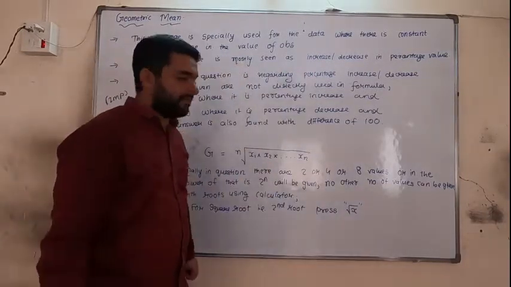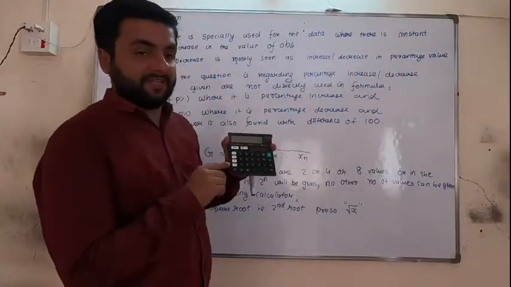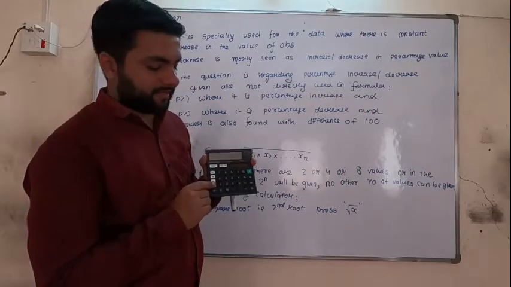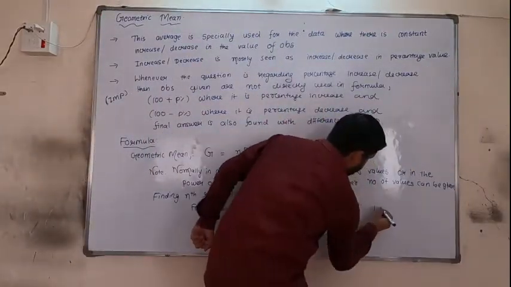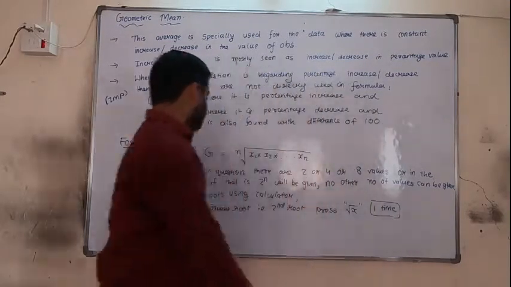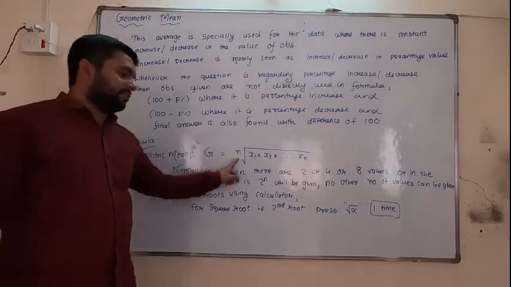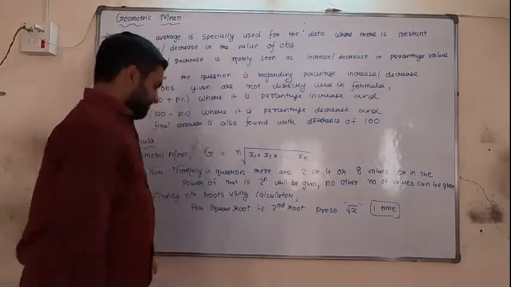It is given in our calculator. Normally it is given here. If you are having such a calculator, then this is the button, square root of x. Press this button one time. If you want to take square root, that is second root, here if it is two values, then you have to press the button one time.